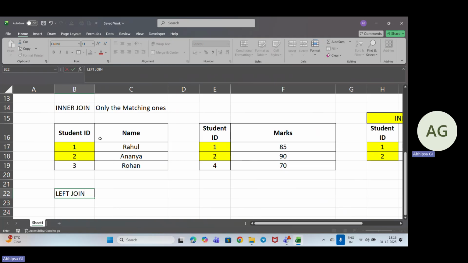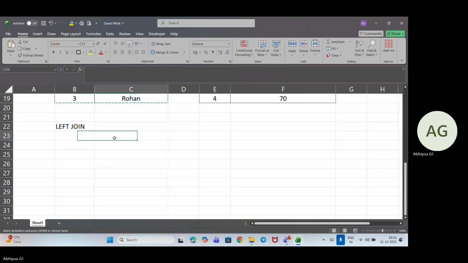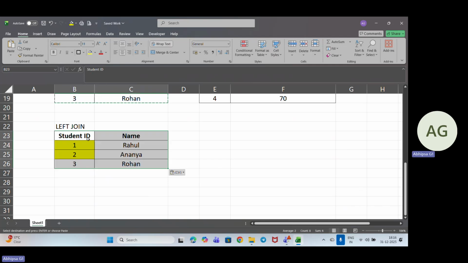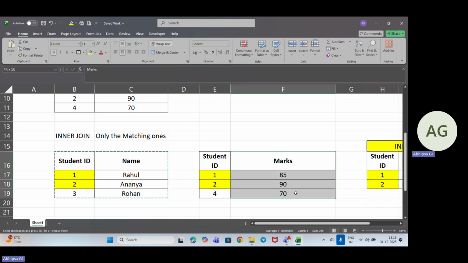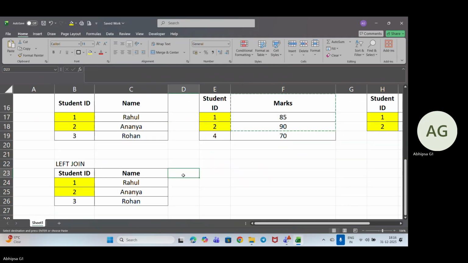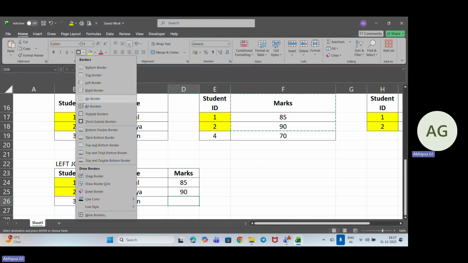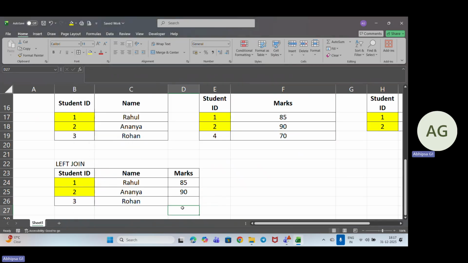After performing left join, we will be getting the data like this, Control C, Control V, and this data also, till here. But here we won't be getting the data, because the marks for Rohan are not available, right?